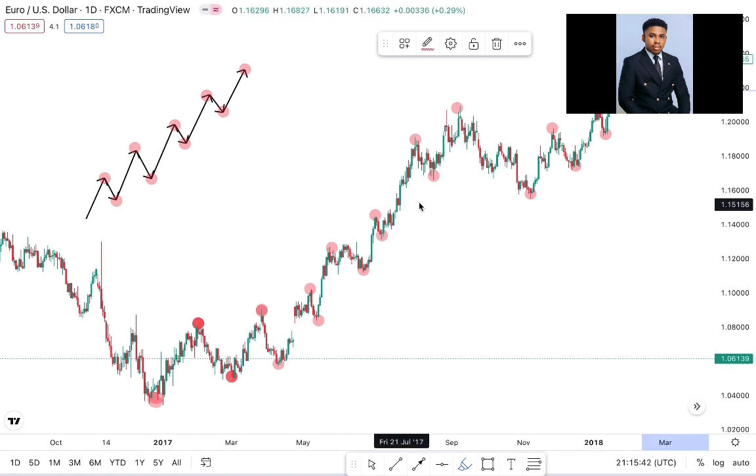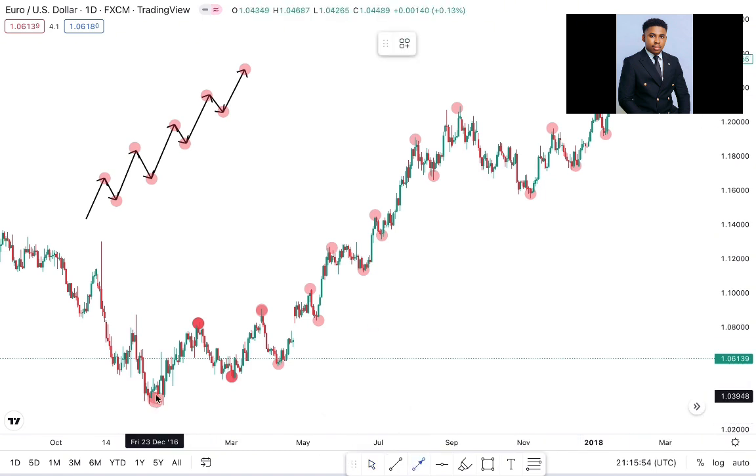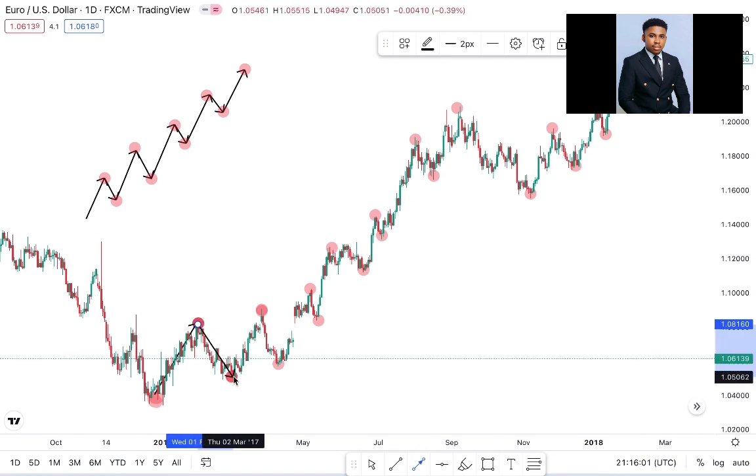I don't really want to talk about this yet. I want to go ahead and explain this uptrend so you understand what an uptrend is and what it looks like on the live chart. Okay, so we can see that the market made a low and it pushed to the upside, creating this high, and then what happened? It came down, creating a low, and then it created a higher high and a higher low.